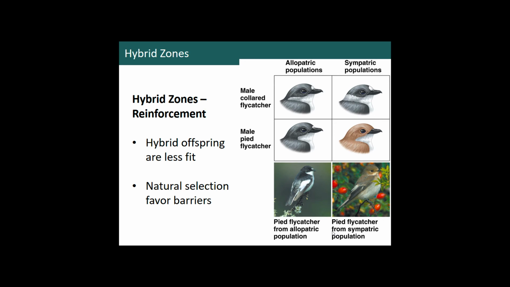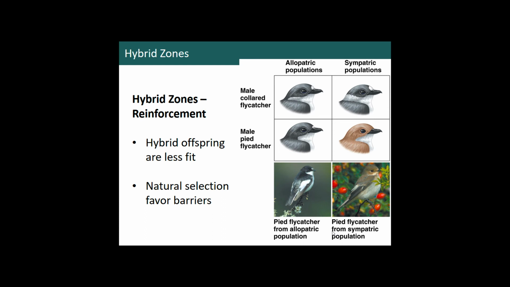One example of this that is really fun is found in flycatchers. We have 2 different species shown here, the pied flycatcher and the collared flycatcher, right? In places where the collared flycatcher and the pied flycatcher are separated by boundaries and can't come together, they look a lot alike. Maybe female flycatchers can tell these guys apart.